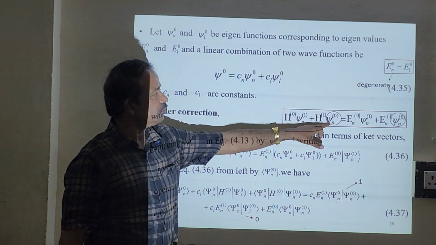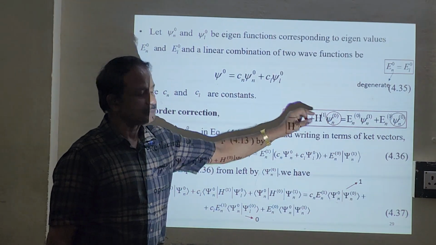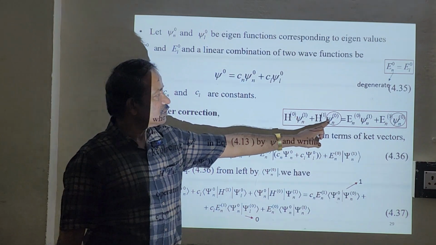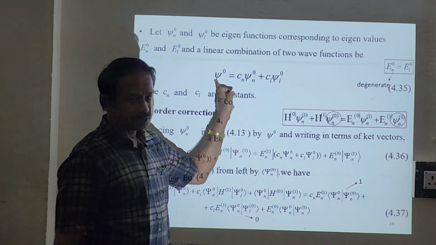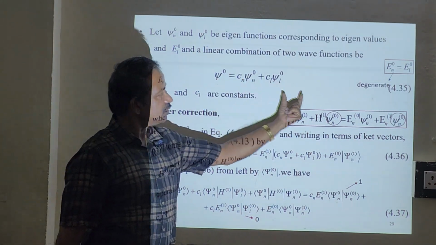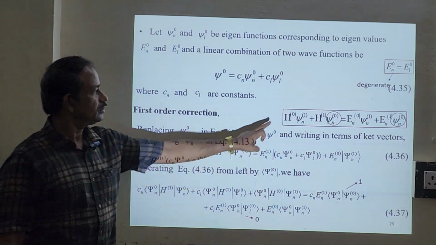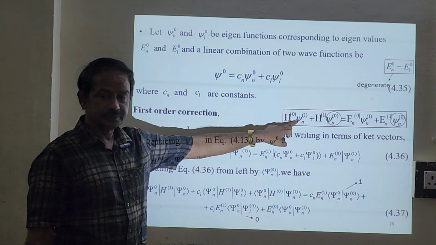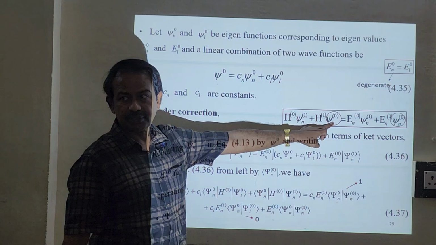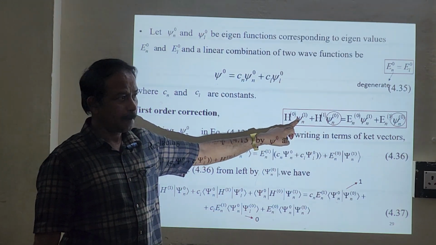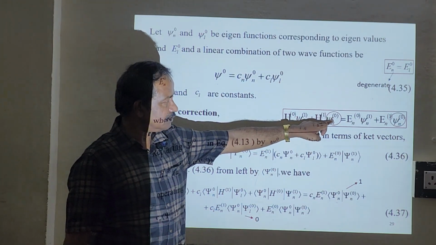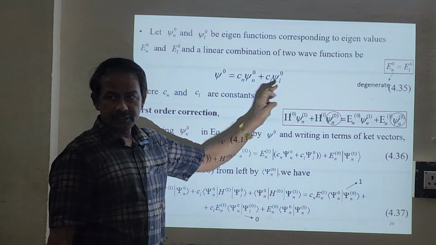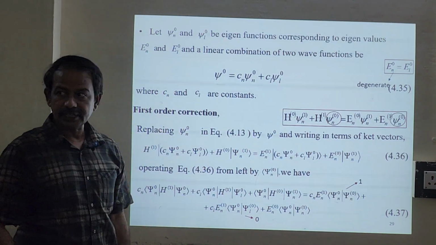I repeat, instead of psi n0, you substitute psi 0, this expression. This is psi 1, this is psi 0, the ground state wave function, and this is first order. We are going to replace this alone with this linear combination of wave functions. Is it okay?